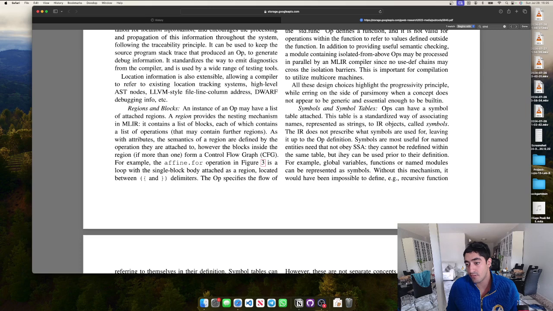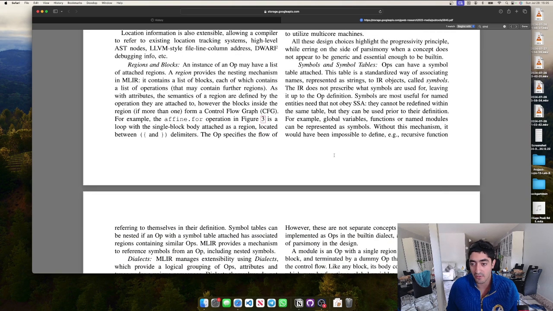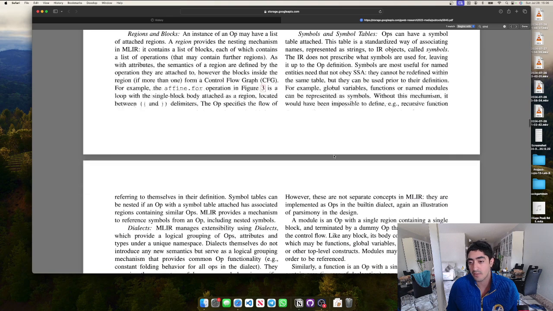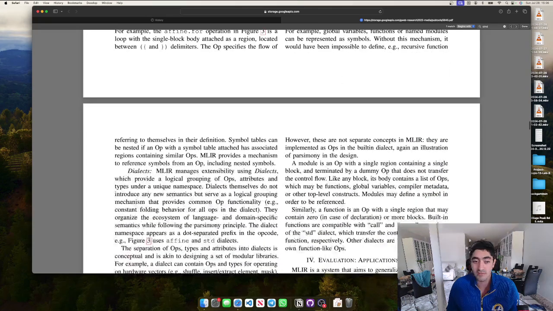They cannot be redefined within the same table, but they can be used prior to their definition. For example, global variables, functions, or named modules can be represented as symbols. Without these mechanisms, it would have been impossible to define, for example, a recursive function referring to itself in its definition.